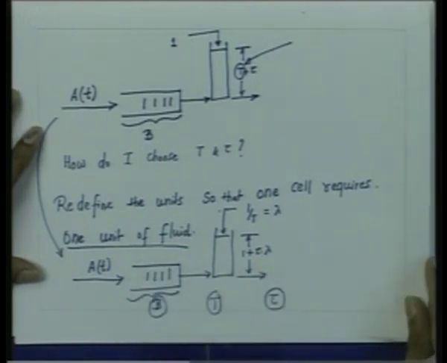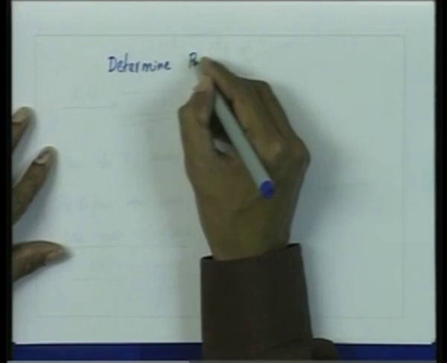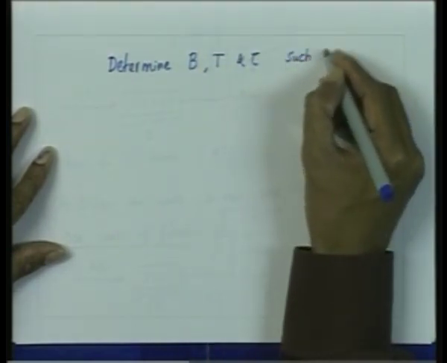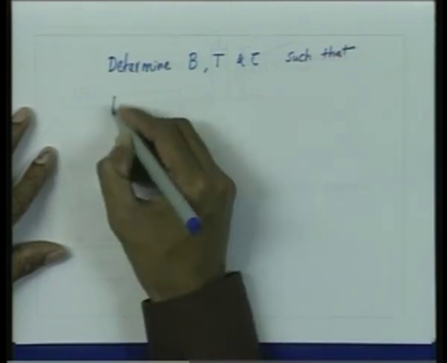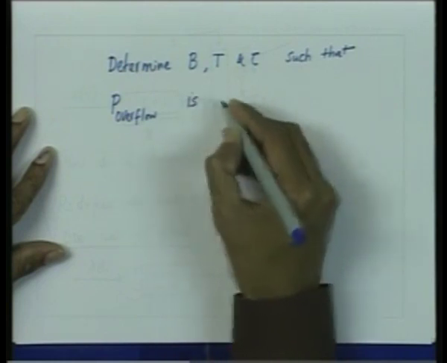Okay, so we pose this problem as: determine B, T and tau such that the probability of buffer overflow is minimized.